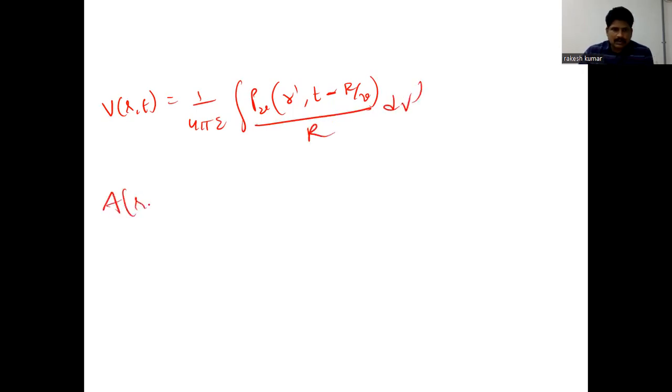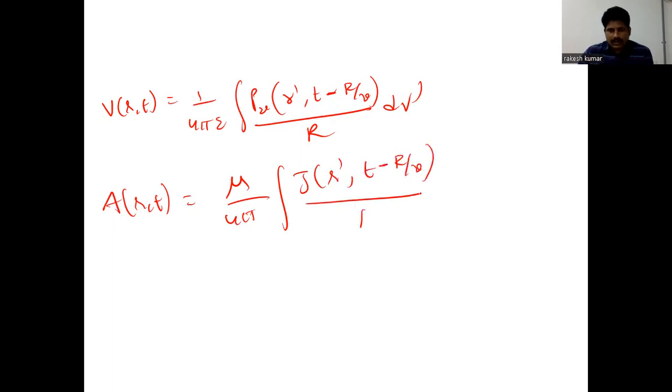Similarly, A of r comma t is equal to mu by 4 pi into integration of J of r dash comma t minus r by v, by r, into dV dash. Okay, so this is t minus r by v, the retarded time. The potential is getting delayed by r by v, so that is nothing but retarded potential.